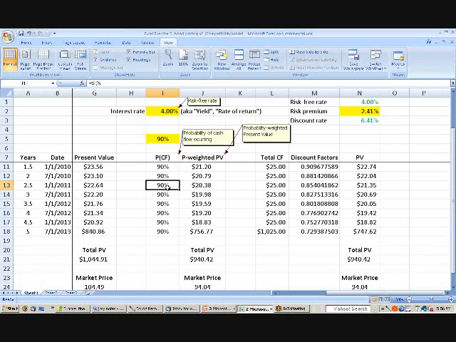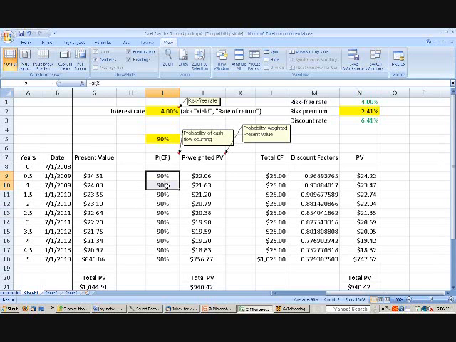You could think about it a couple of ways. Right now, we're in the middle of an economic slowdown, so you could say that the earlier, near-term cash flows are less likely to occur because in the near term the company might go bankrupt because of the economic slowdown. However, if it makes it through the first couple years, chances are the economy is going to turn around and the company will be on sounder footing, and the later cash flows will be more likely to occur.